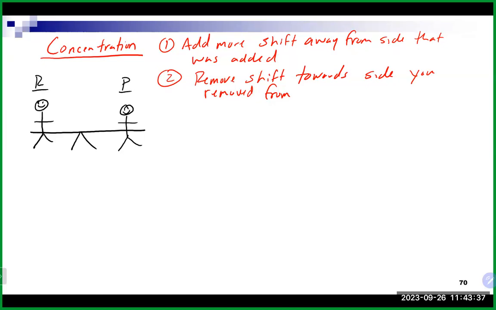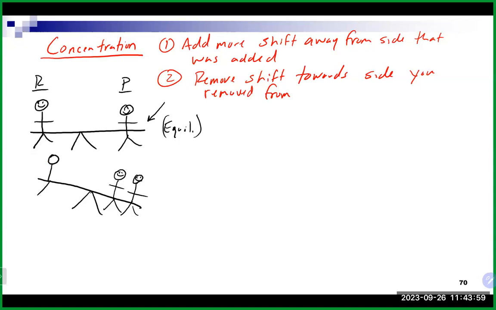So if this guy on the left here is our reactants, this guy over here represents our products. In this particular case, if somebody hopped on to this side here, again, we're at equilibrium here, we will have our guys on this side having fun. This guy, maybe not so much fun. We added more to the right-hand side, which messed up the equilibrium.